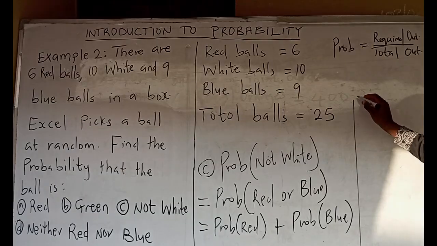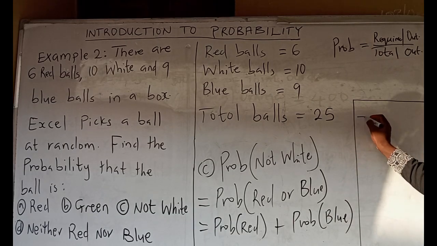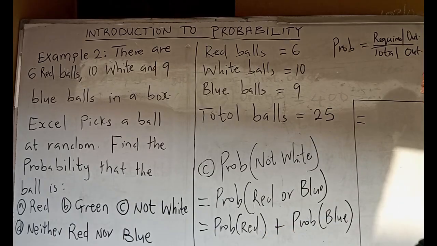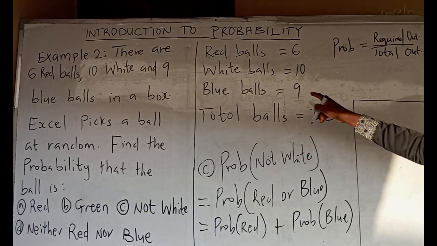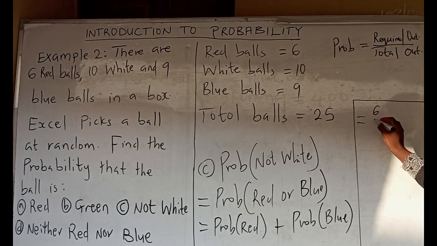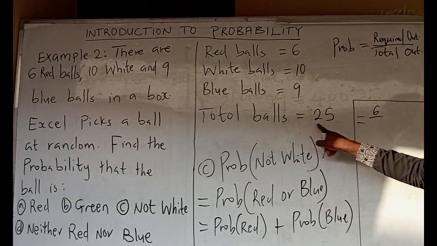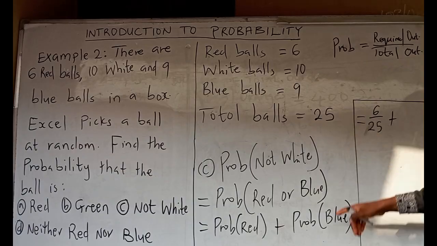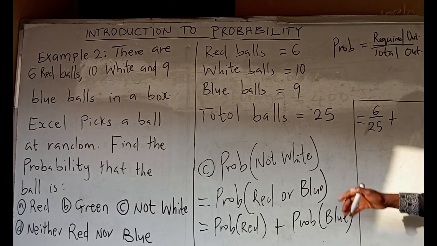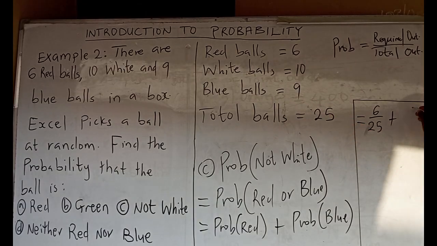So let me finish up here. The probability of red ball simply means required outcome, red, over total. Our red ball is how many? 6. All over total outcome, which is what? Total balls is 25. Plus the second one, the probability of blue balls. How many blue balls do we have here? 9. All over total number of balls, which is 25. So this is equal to the LCM of 25 and 25, which is 25.